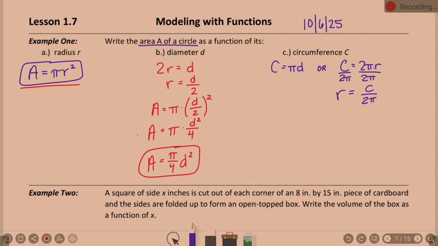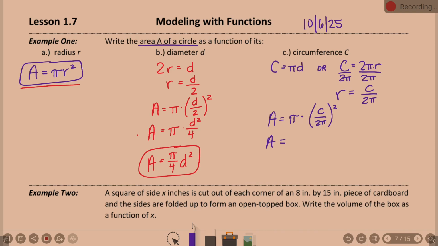So start rewriting your area formula. Area, I'm going to use my pi r squared, so pi times radius squared. So what's that mean I'm doing? C over 2 pi, quantity squared. Personally, I'm going to go ahead and put pi as a fraction.